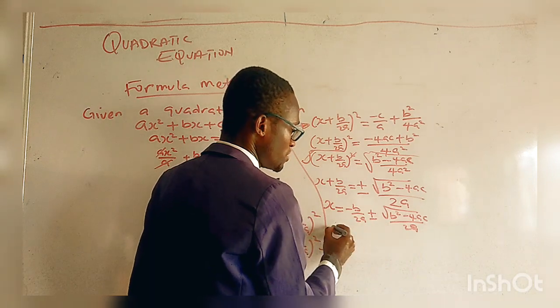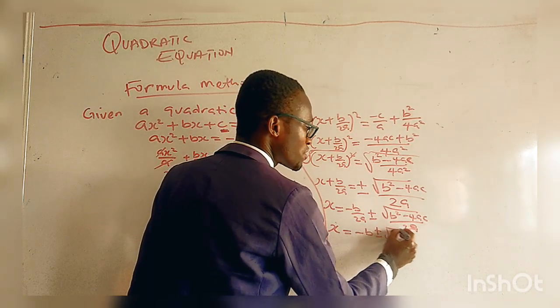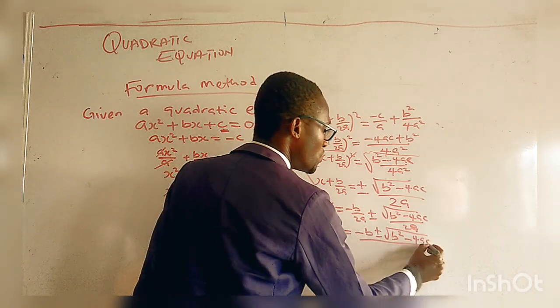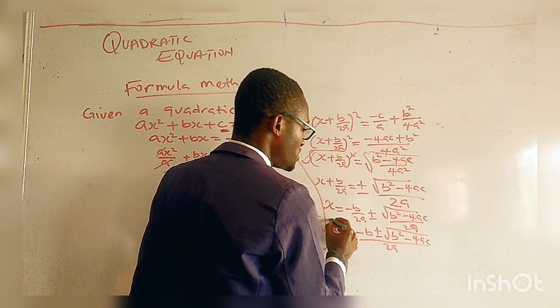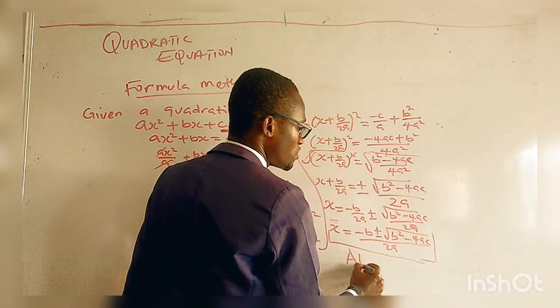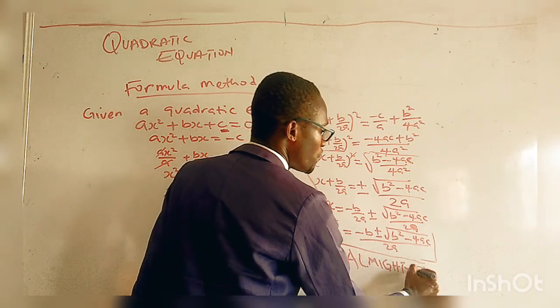Now the LCM, so x equals minus b plus or minus the square root of b squared minus 4ac all over 2a. Now this is what we call the almighty formula.